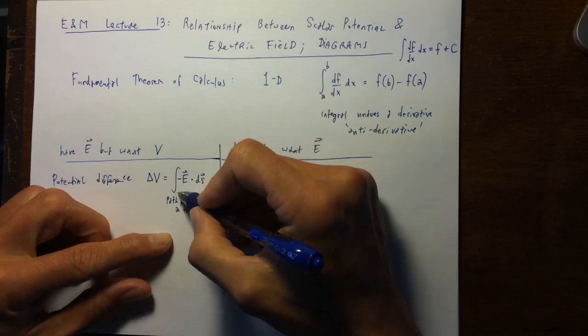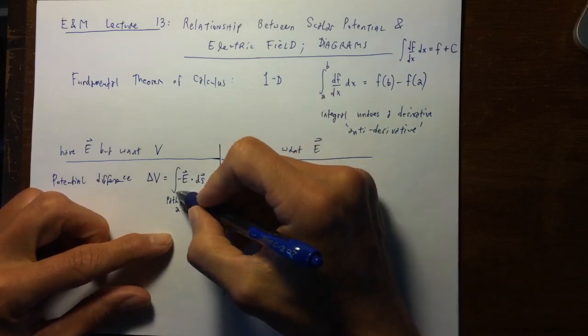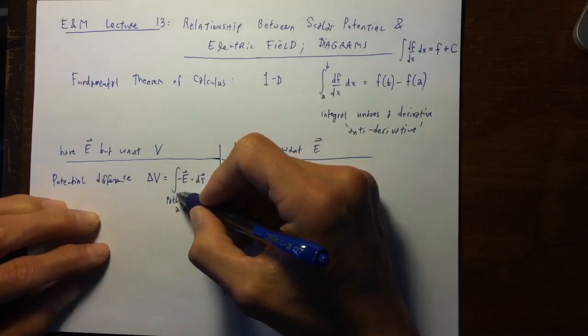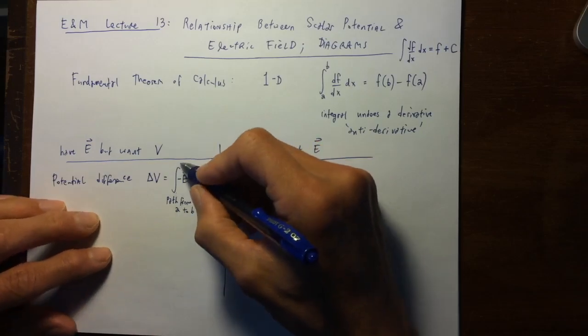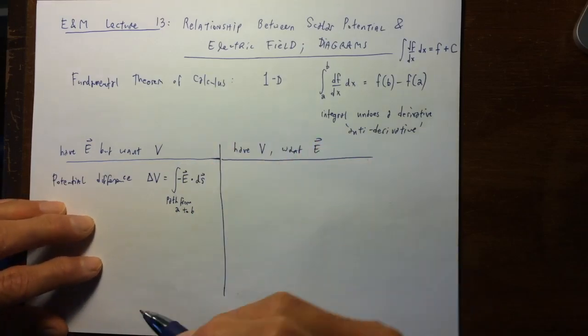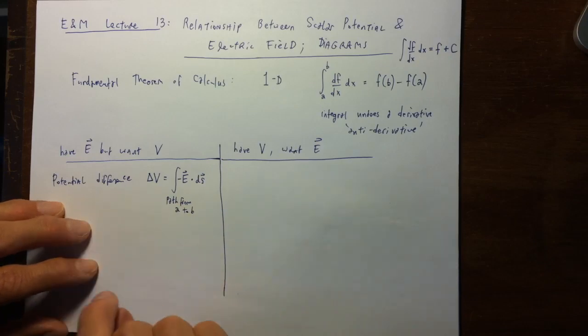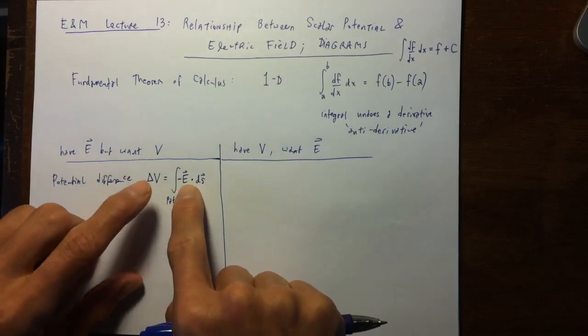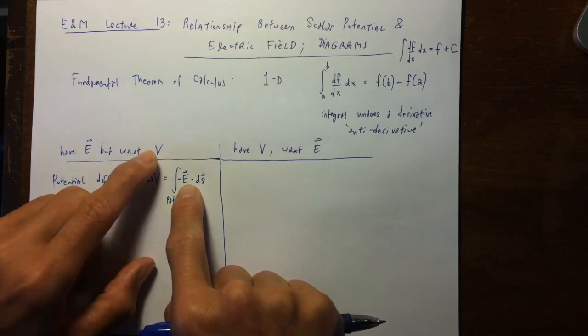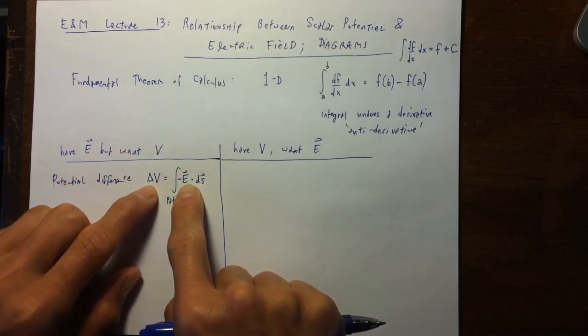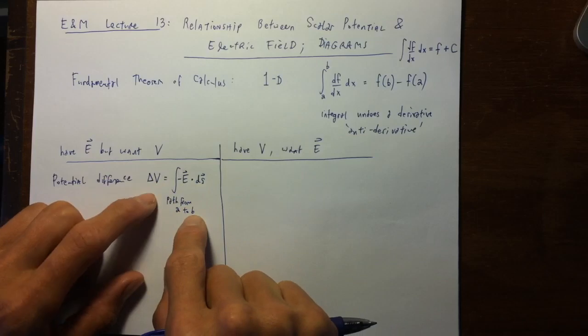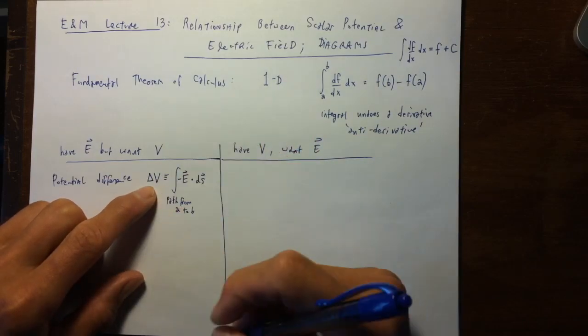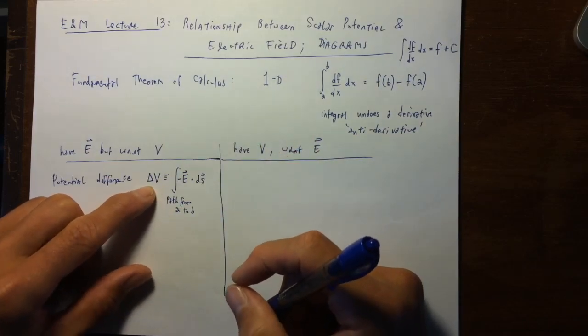So you start at some place in space, some three-dimensional coordinate for us in physics, to some final three-dimensional coordinate. Yeah, so if you have E, here it is, and you want V, what this gives you actually is delta V. So this is, you could say, the definition of the potential difference.